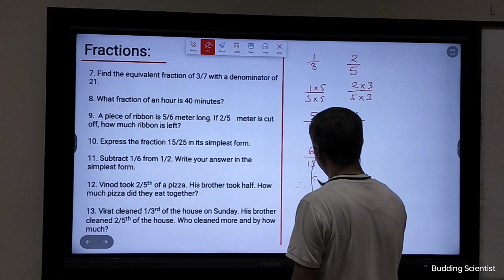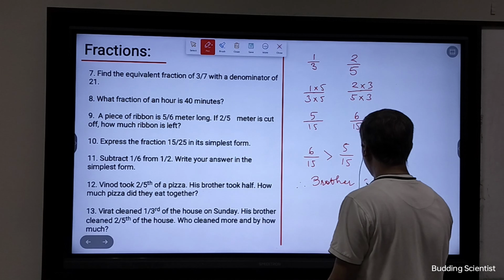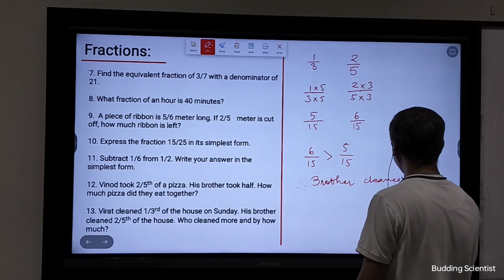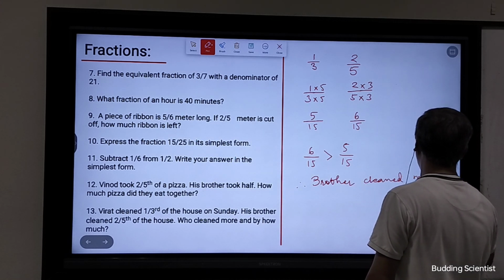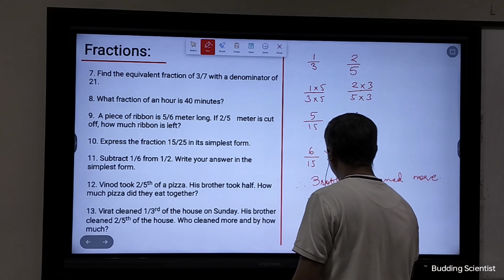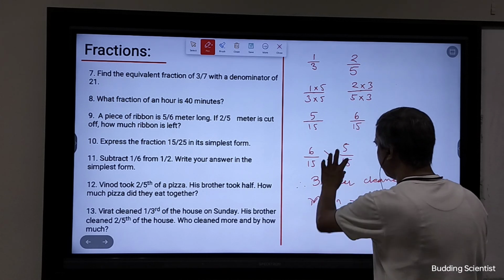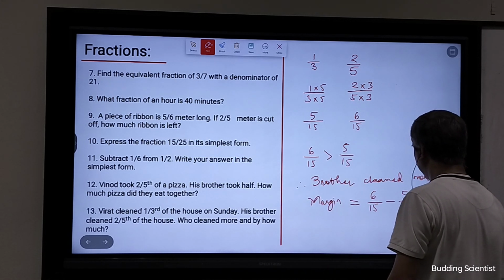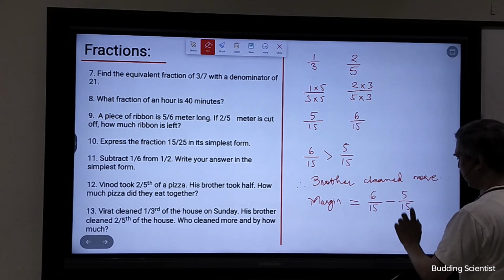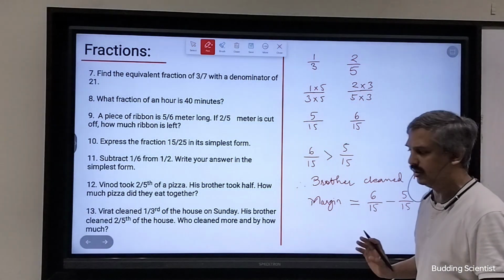Therefore, Virat's brother cleaned more. And the question is by how much? So the margin of one over the other is equal to the difference between them. 6 by 15. Subtract the smallest from the greater. 6 by 15 minus 5 by 15 is equal to 1 by 15. And that's the answer.